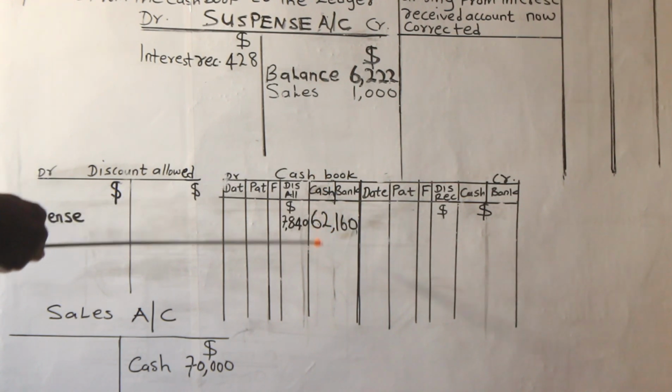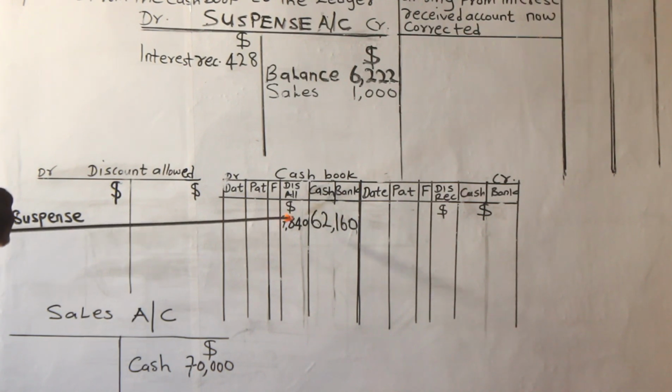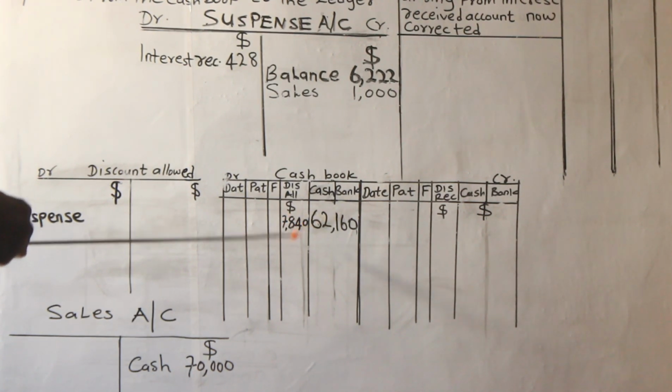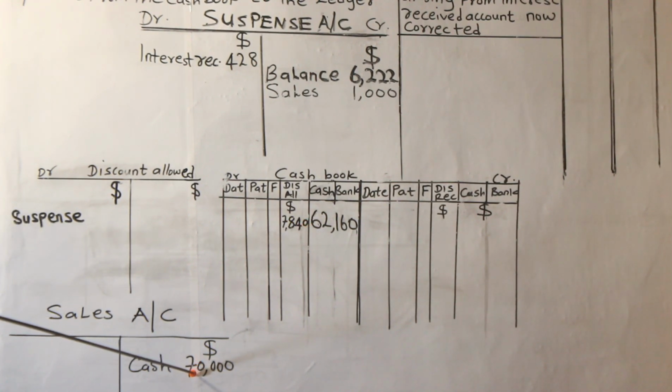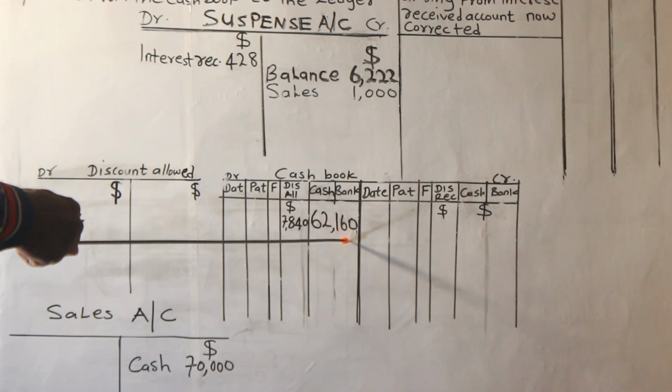Now, in this question, we assume that there was a discount. The discount is a discount of 7,840. And if you deduct 7,840 from 70,000, which represents the actual sales made, the balance will be $62,160.